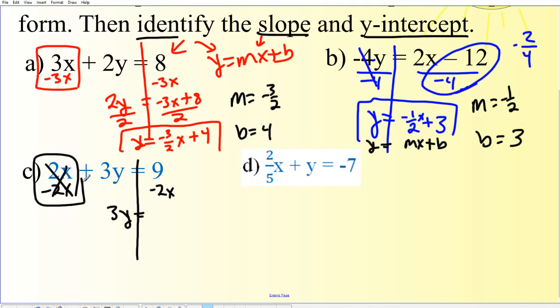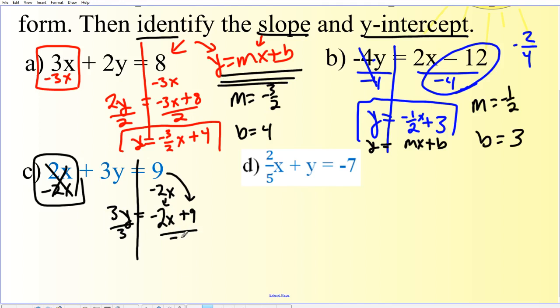Gone. On the other side, I cannot actually subtract this 9 minus 2x, but I do want to have the x piece first. So there's my negative 2x. There's my positive 9. I just brought down both pieces. I cannot add or subtract them, but I put the x piece first to make it look like slope-intercept form.